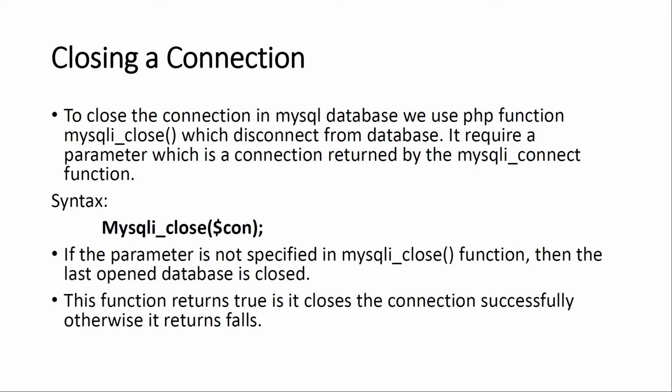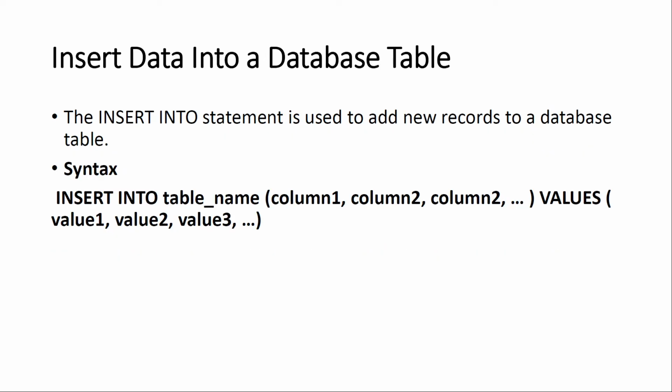If maybe say you have not passed in that particular parameter, that is the MySQLi object that you got from the MySQLi connect, then the database which we had recently opened is the one that we are going to close. So if everything works fine, then we are going to return a true. That is in case we were able to close the connection successfully. If not, then we are going to fail in this case, and we shall get that false.